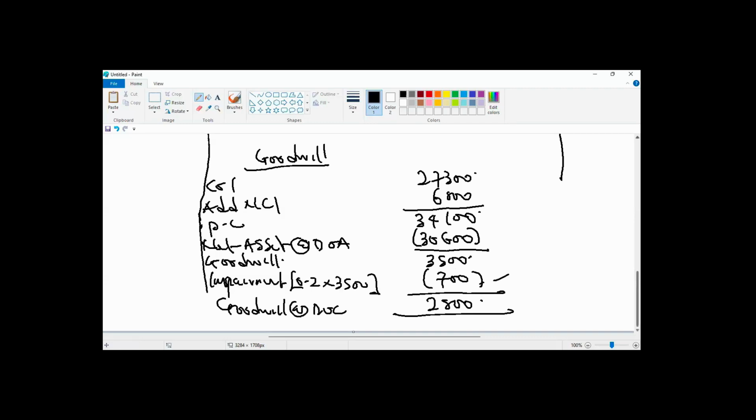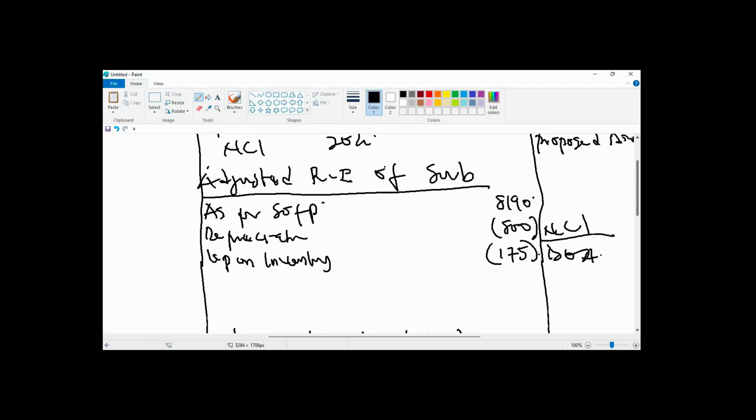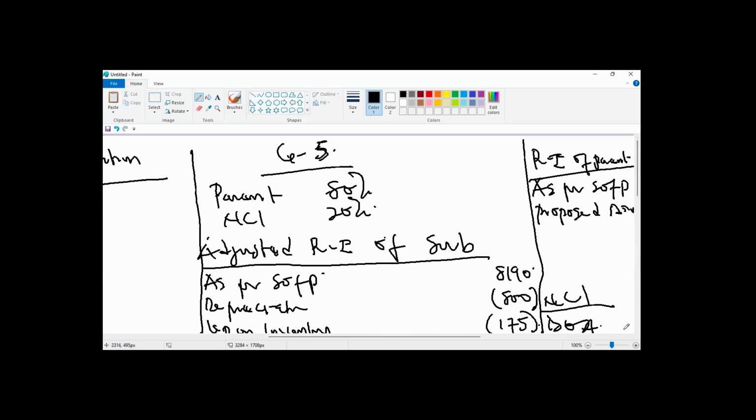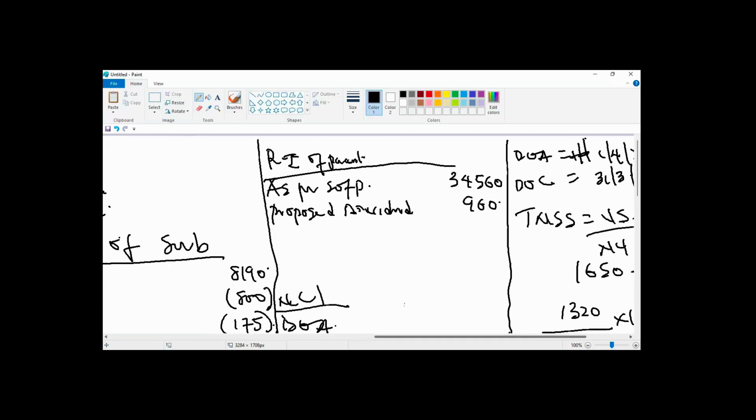The impairment will be suffered between the parent and NCI based on their group structure. Parent will take impairments, 0.8 times 700. Then 560. 560 will disappear.